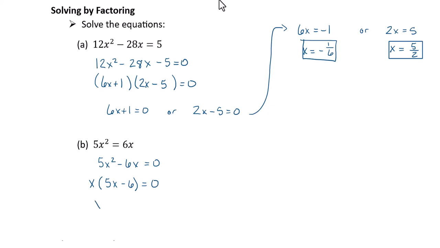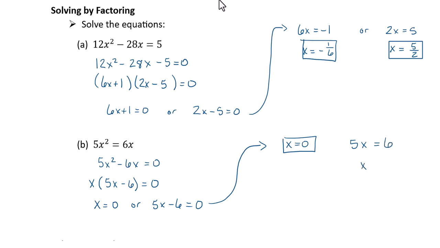Now, x equals 0, or 5x minus 6 equals 0. Solving each of those simpler equations, I already have my x equals 0 solved for, but 5x minus 6 becomes 5x equals 6, and x equals 6/5. So I have my two solutions for my quadratic equation.